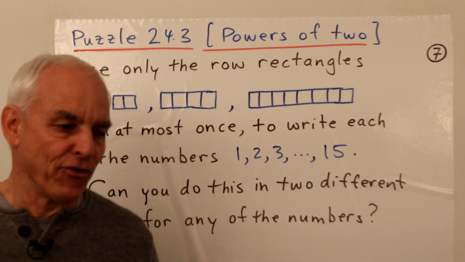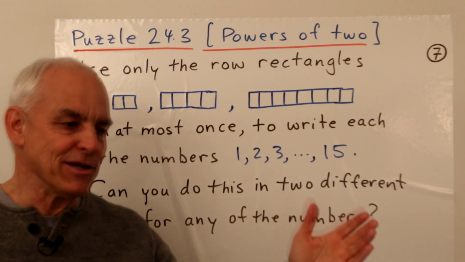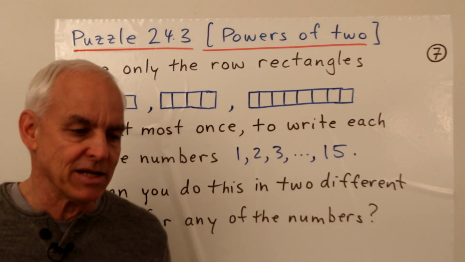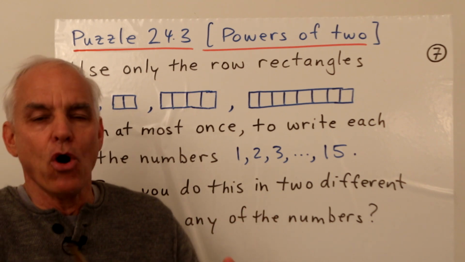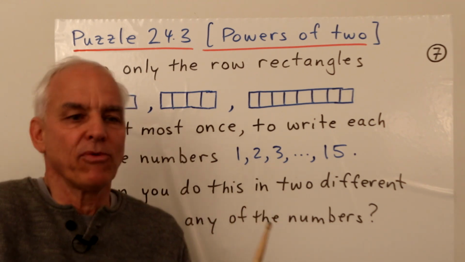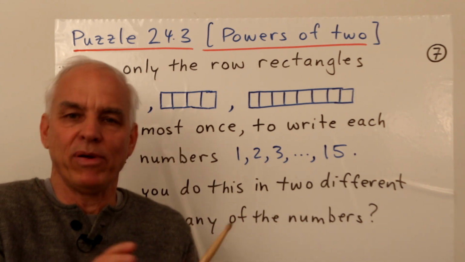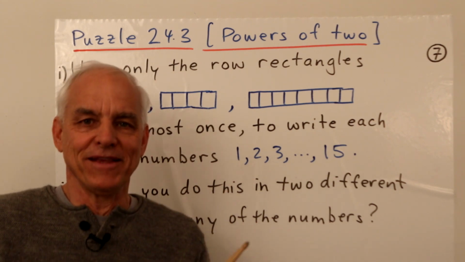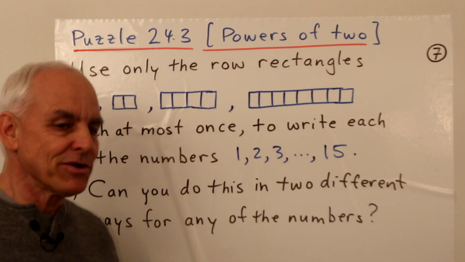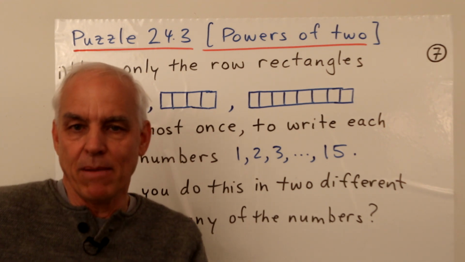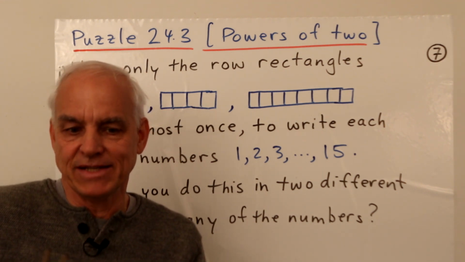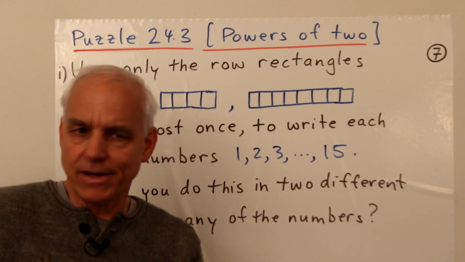This also connects with all kinds of interesting things, binary representations of numbers and so on, but we don't have to really go into that story. We just want to present them with this challenge of playing around with these tiles or rectangles and composing the other numbers in terms of them.